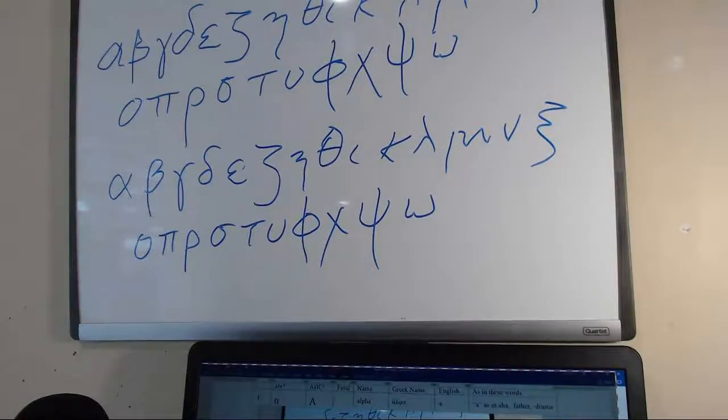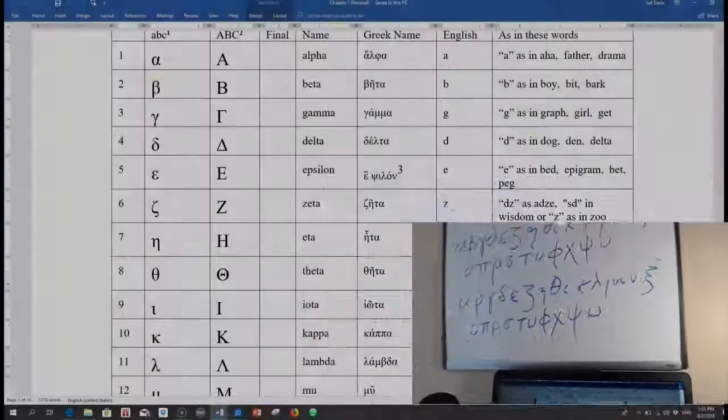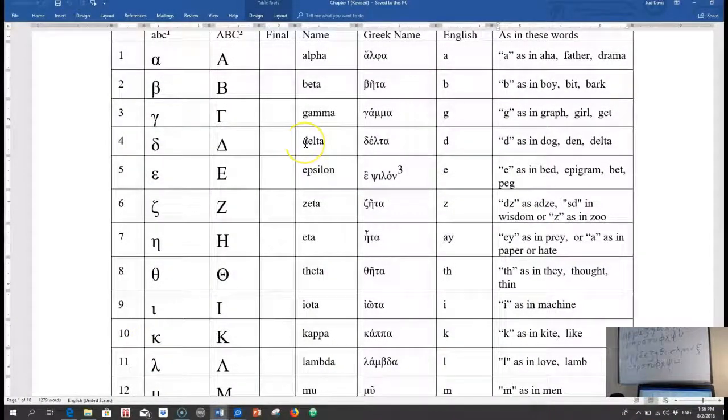So what you're wanting to do is to be able to write it like that, and we'll have a test on our first day, so you want to be able to do that.